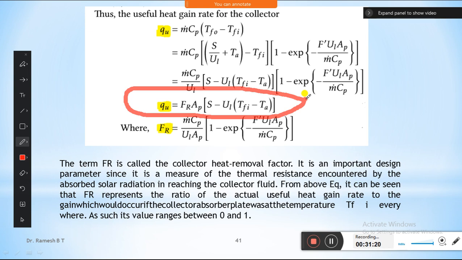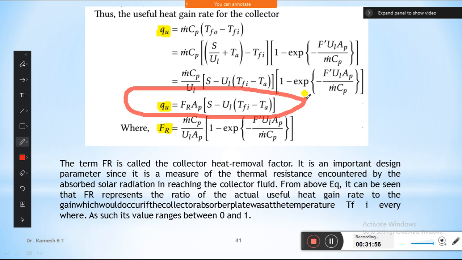So Fr is the collector heat removal factor, and it is an important design parameter since it is a measure of the thermal resistance encountered by absorbed solar radiation in reaching the collector fluid. That is most important. It can be seen that Fr represents the ratio of actual useful heat gain rate to the gain which would occur if the collector absorber plate were at the inlet fluid temperature Tfi, and this may range from 0 to 1.